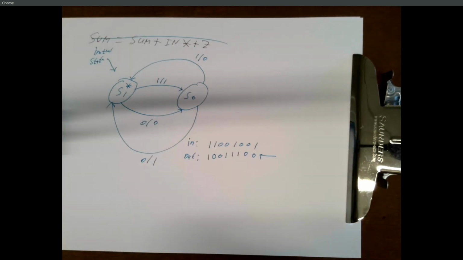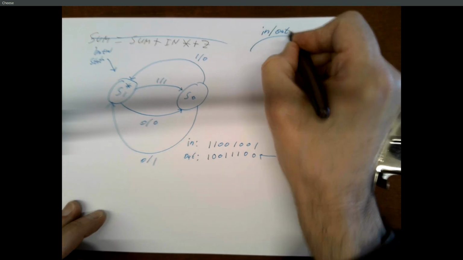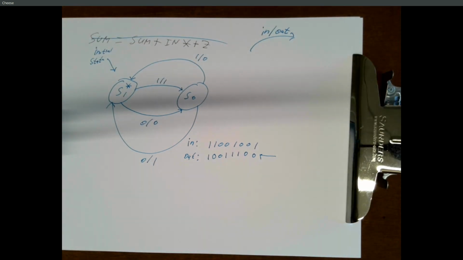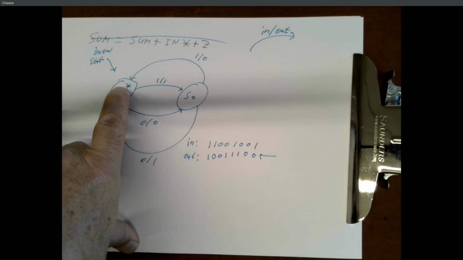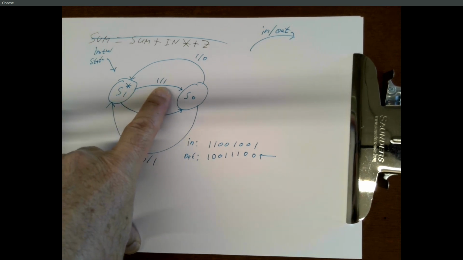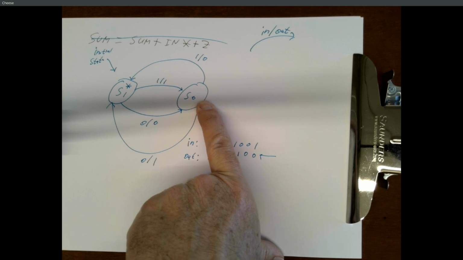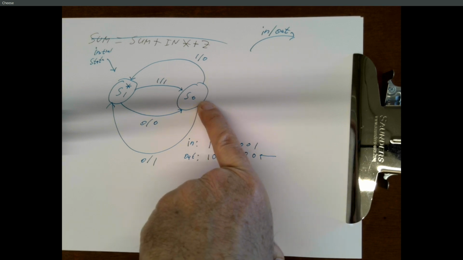This is input slash output. So if we're in S1 and we input a 0, our output's a 0. If we input a 1, we output a 1. So when we're in S1, we copy the input to the output. What do we do with our input if we're in S0? We invert it.